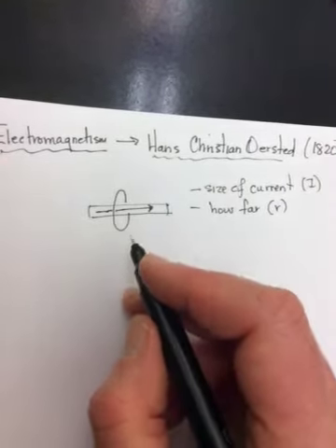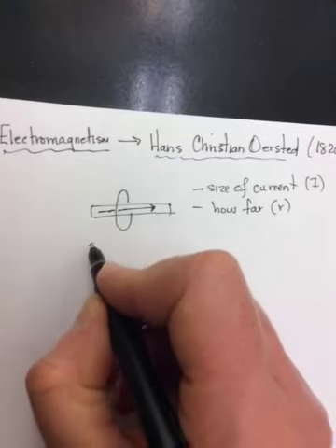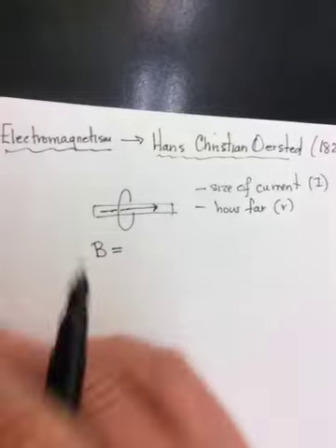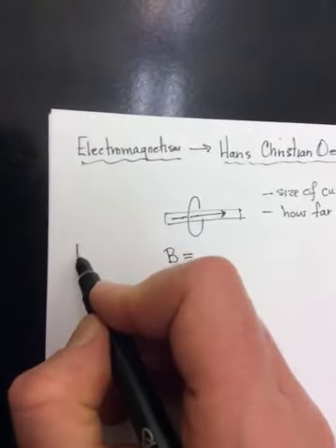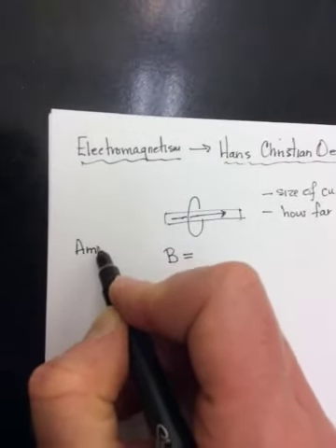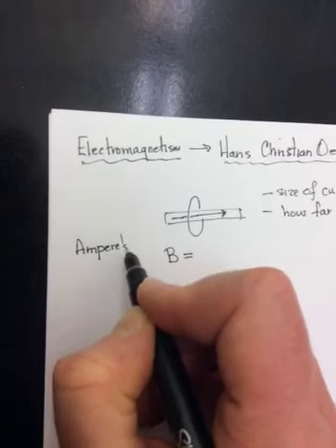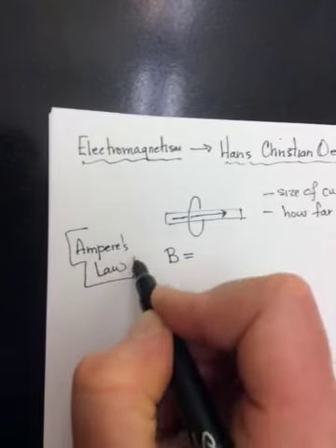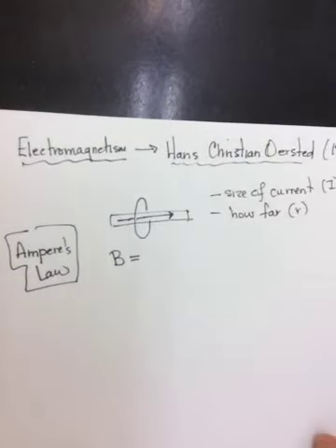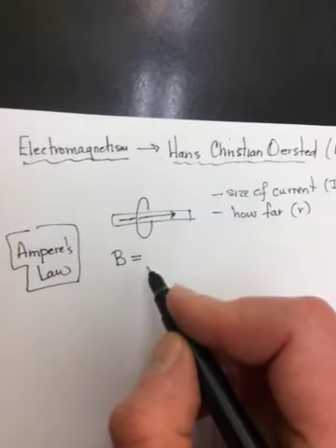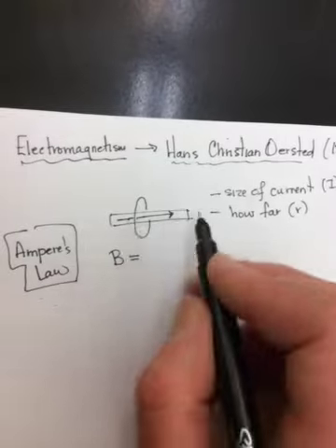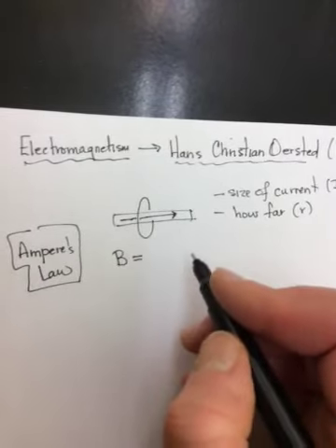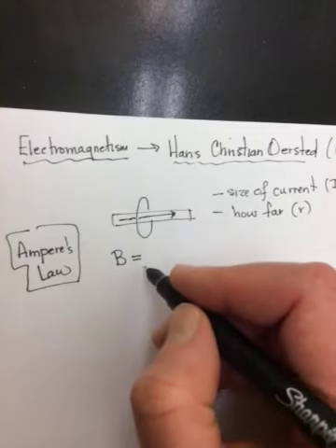And so magnetic field strength, the other day I told you the magnetic field strength is a capital B. And so the equation, which is actually known as one form of Ampere's law. Okay, Ampere, the guy that current is named after. This is one form of Ampere's law. There are other forms for when it's not like a straight current carrying wire, and we'll come back to those later in the course, later in the unit.